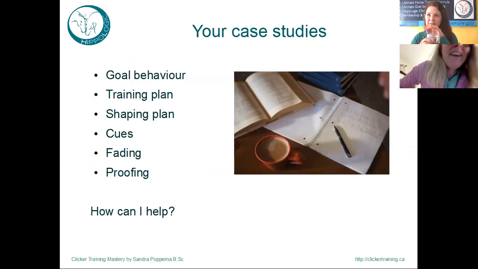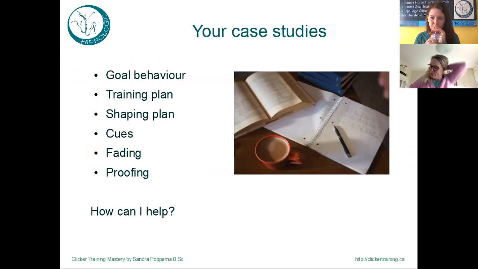Yeah, I have cues, the verbal cues and body language cues. I have move forward and trot.